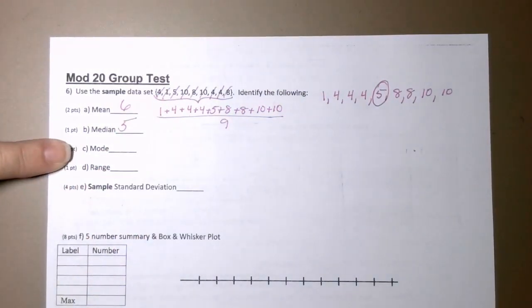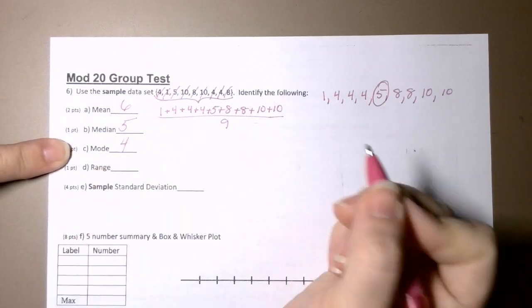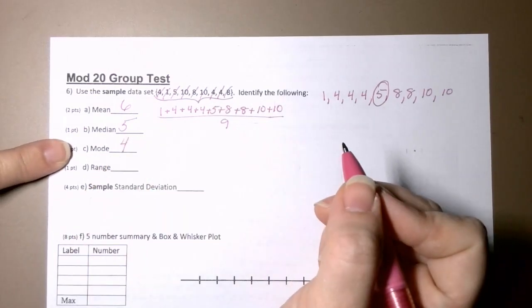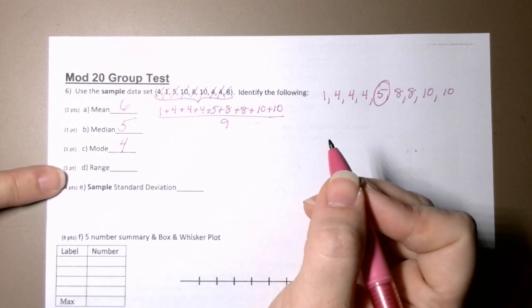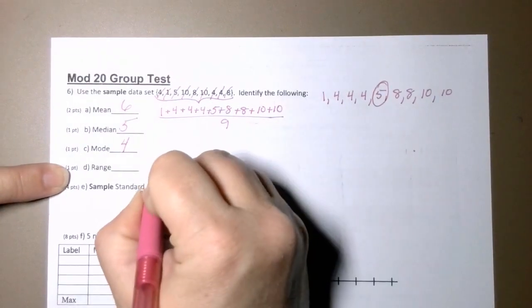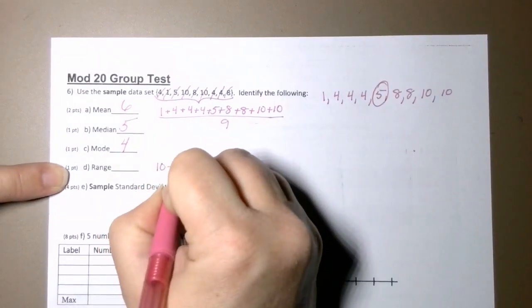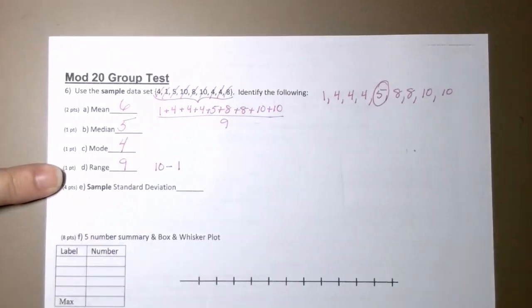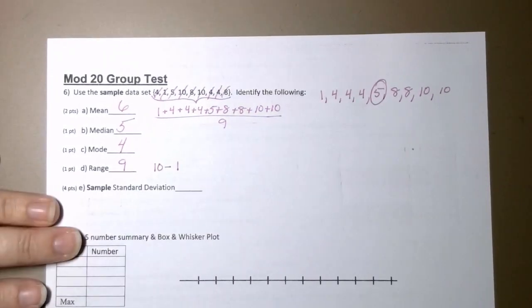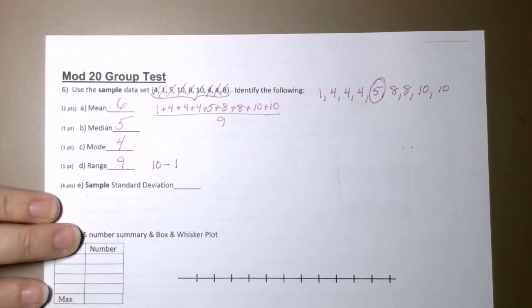Mode, what number is most popular? There's no work to show for those. Range, biggest number minus smallest number, range is 9. And then the standard deviation.